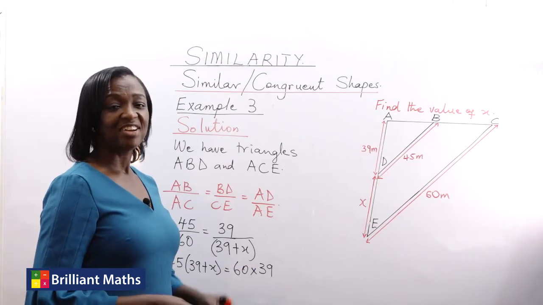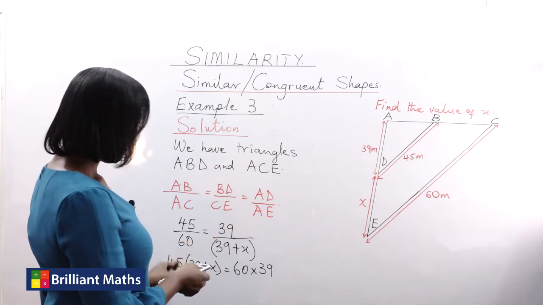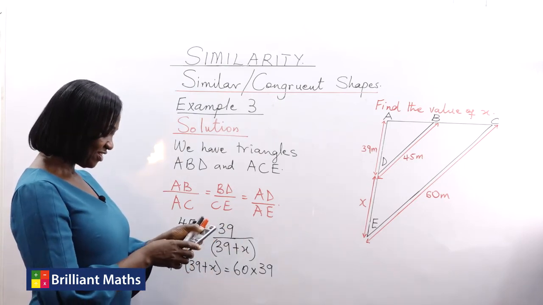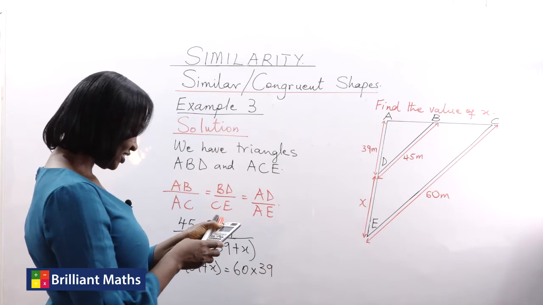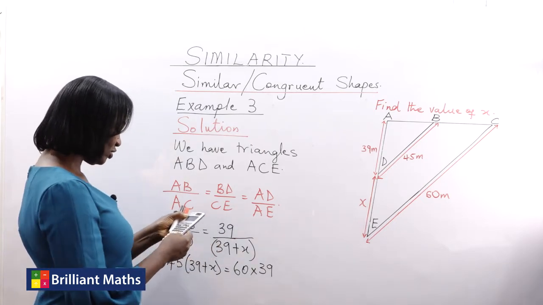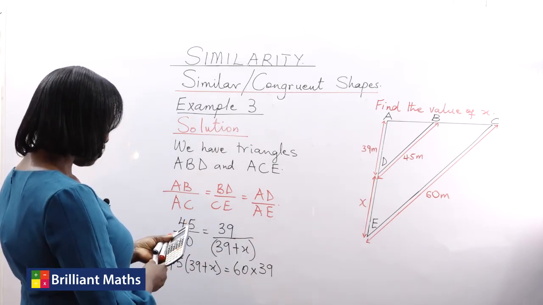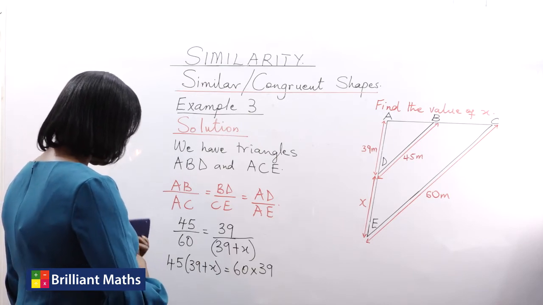So take out your calculators. 45 times 39 is equal to 1,755.